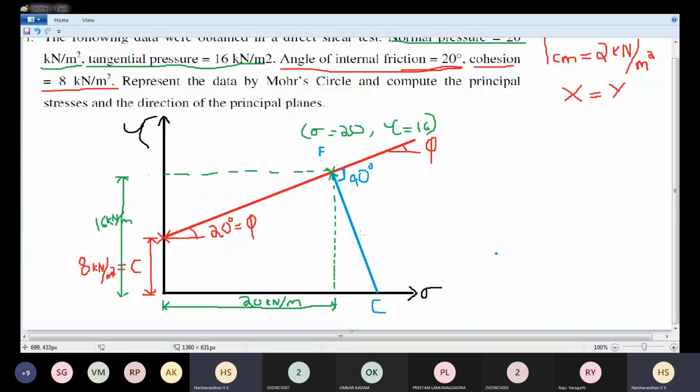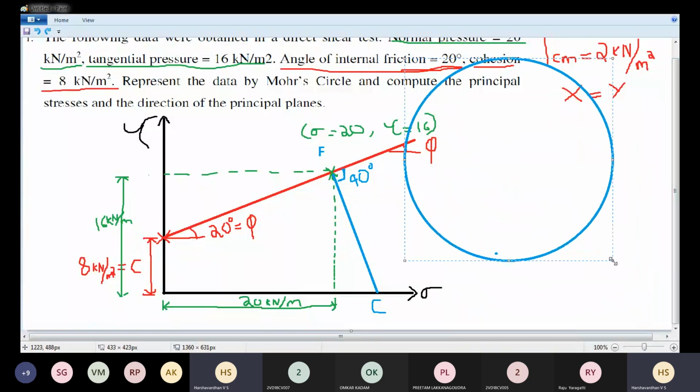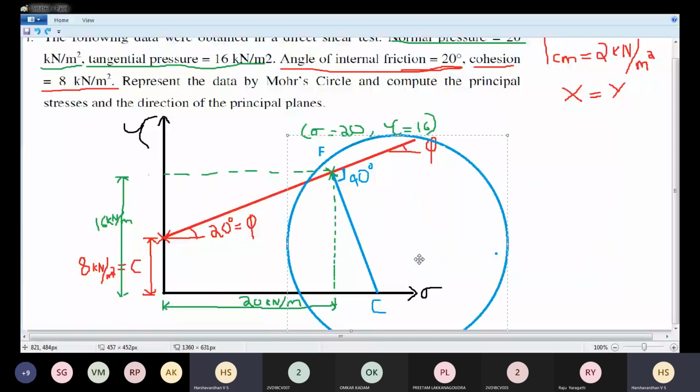If you have a compass, you can draw it. So this is the Mohr circle with C as center and CF as radius.